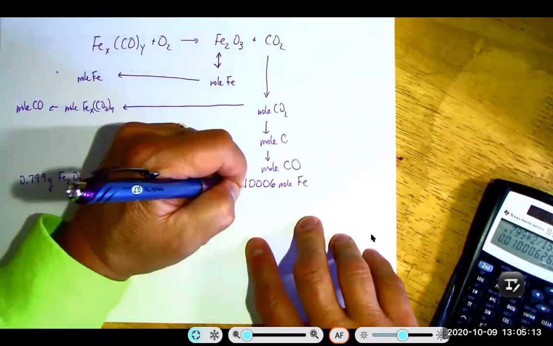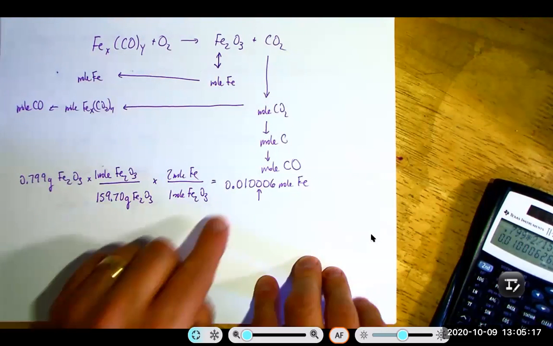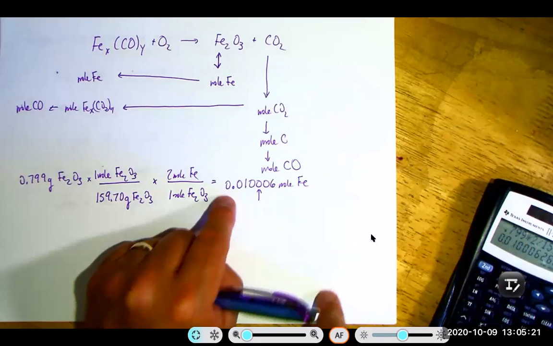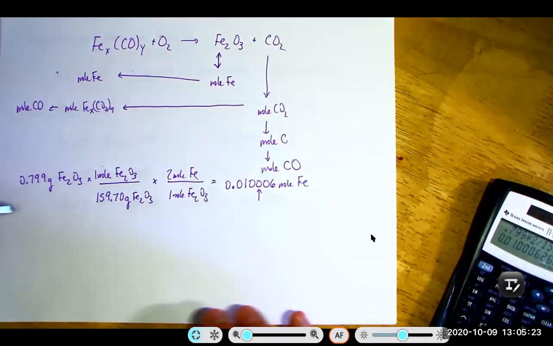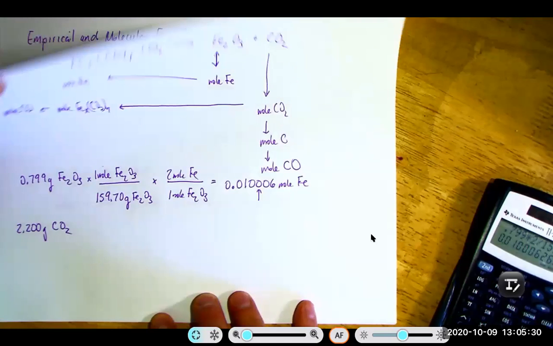The second 0 after the 1. Zeros before the 1 don't count. Zeros after the 1 do count because we see the decimal. We have 2.200 grams of carbon dioxide, I believe. Yep.